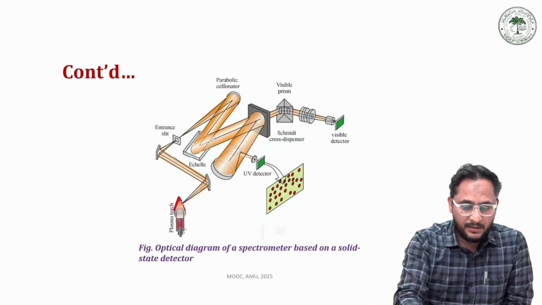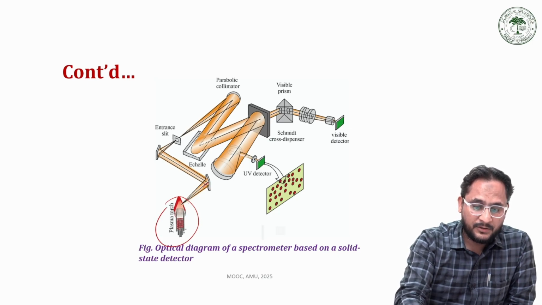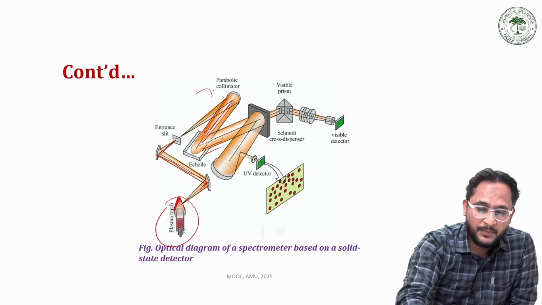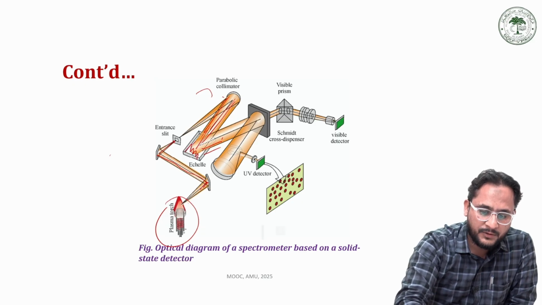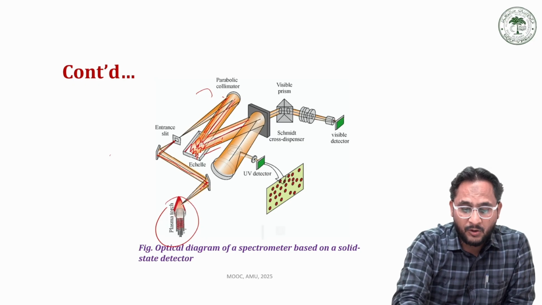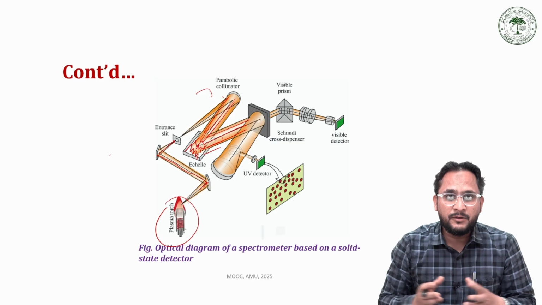Here you can see we have a plasma torch. The sample is excited, the excited light radiations are coming, and they are first of all focused with the help of these mirrors to pass through the entrance slit, and then there is a parabolic collimator which focuses this light radiation to the echelle grating, which has these types of grooves which separate this light radiation into individual wavelengths.